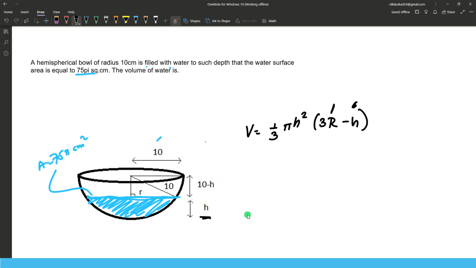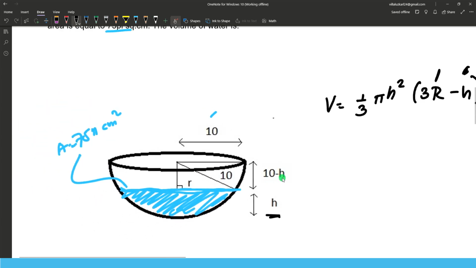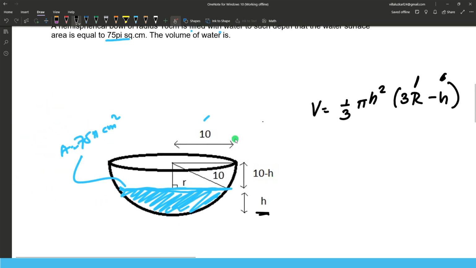Given the radius of the sphere is 10, and this is a hemispherical bulb, half of a sphere, the total height here is also 10. If we have a height h, then this distance here is 10 minus h.